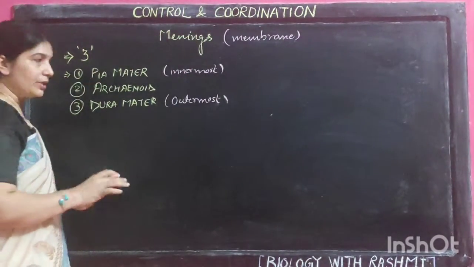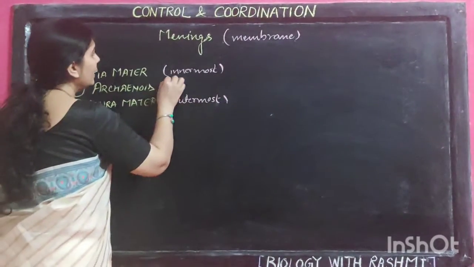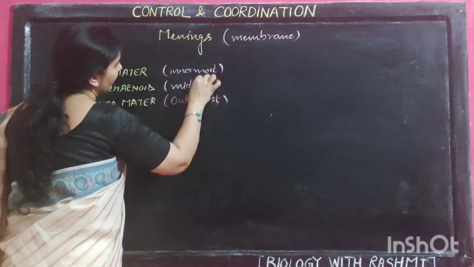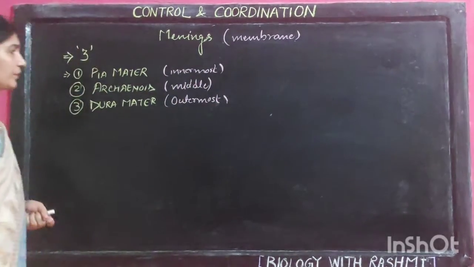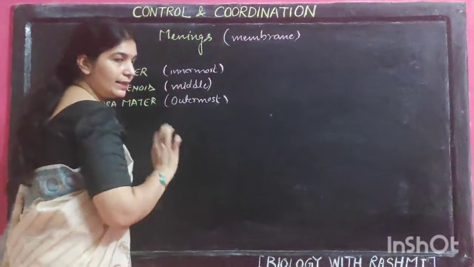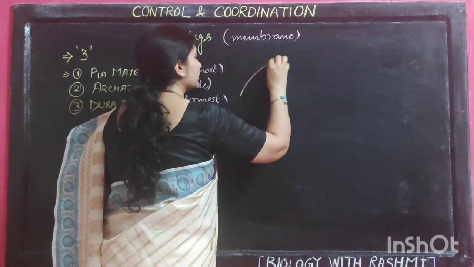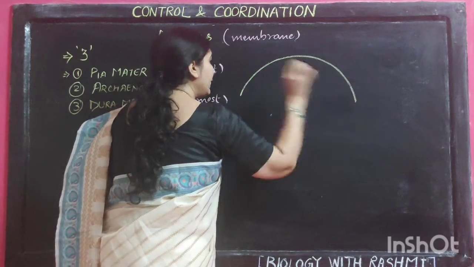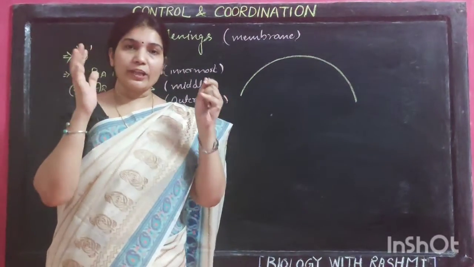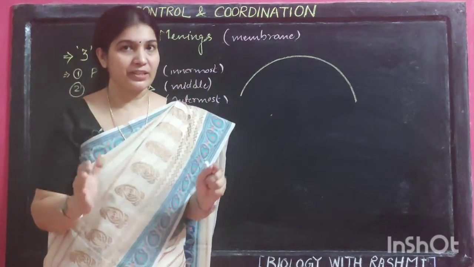I'll draw the structure, then it will become easy. And the arachnoid is the middle one, present in the middle section. Now, here you can see the diagram. This is the cranium, the protective shell or covering where our brain is situated.